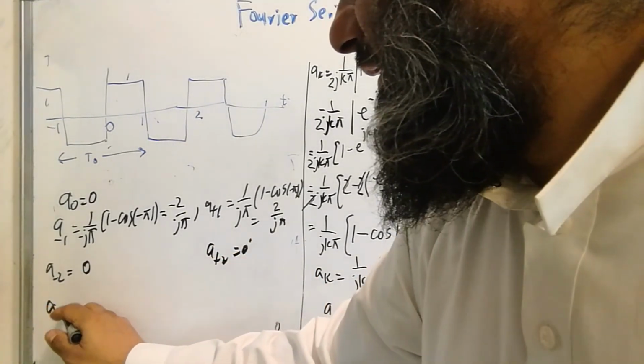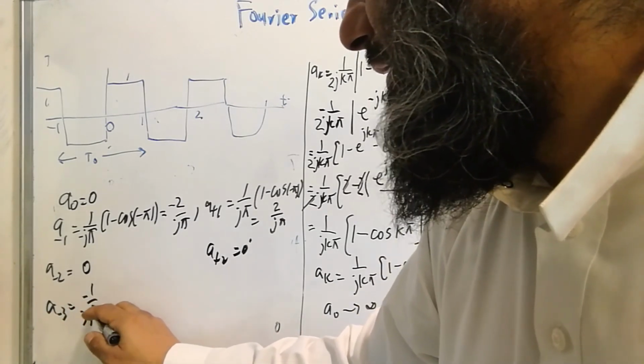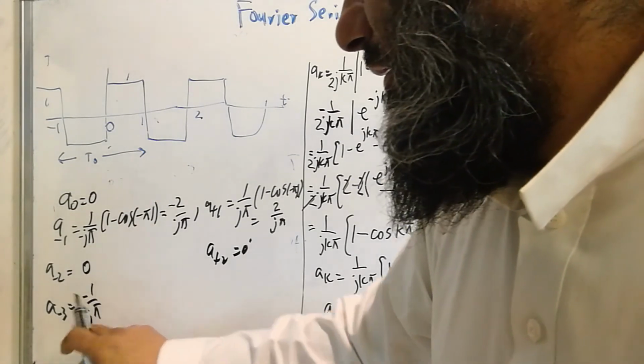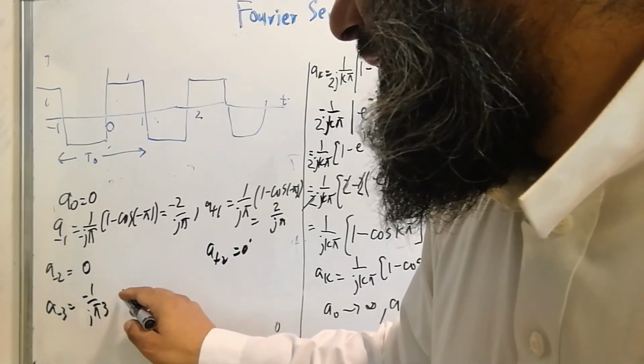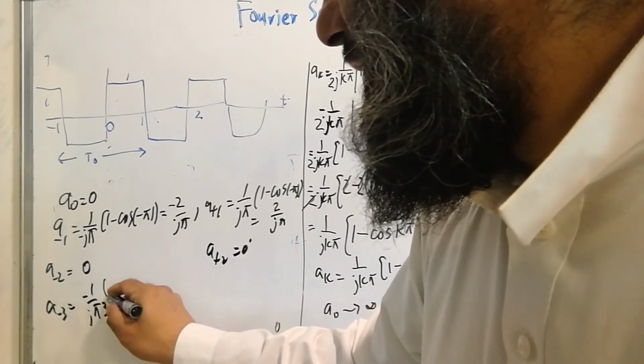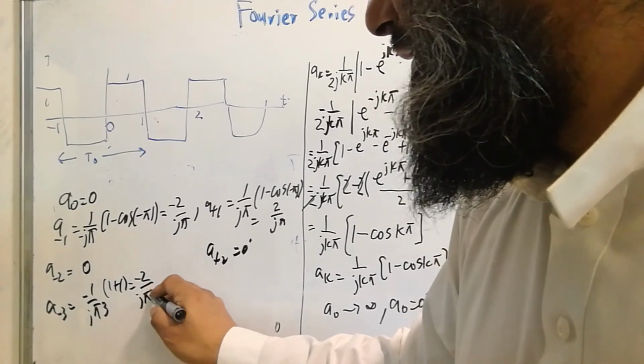a minus 3 will be minus 1 over 3 j pi, times 1 plus 1. So this will be minus 2 over j pi 3.